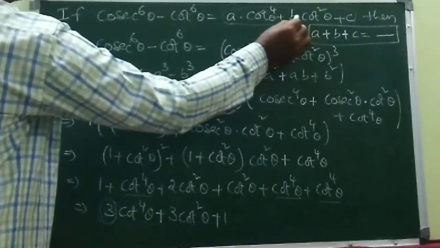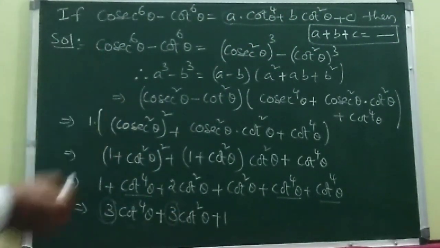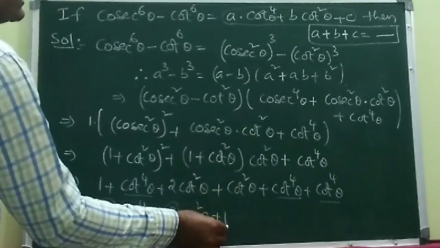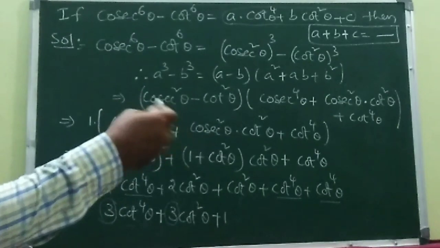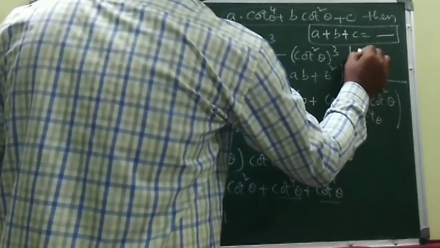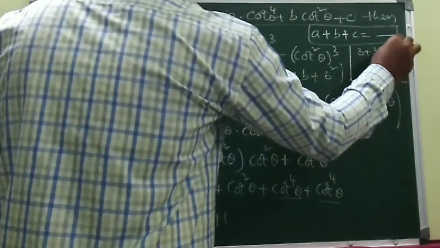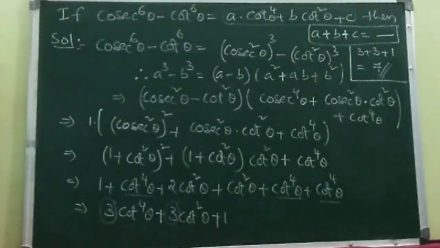Even the coefficient of cot square theta is b. I mean b also 3. And the constant c is nothing but 1. Therefore what we require? a plus b plus c. So a plus b plus c is nothing but 3 plus 3 plus 1, which is equal to 7 is the answer for this. So therefore a plus b plus c is equal to 7.